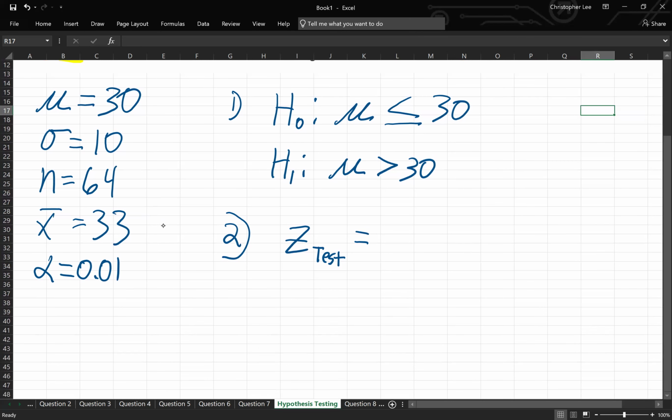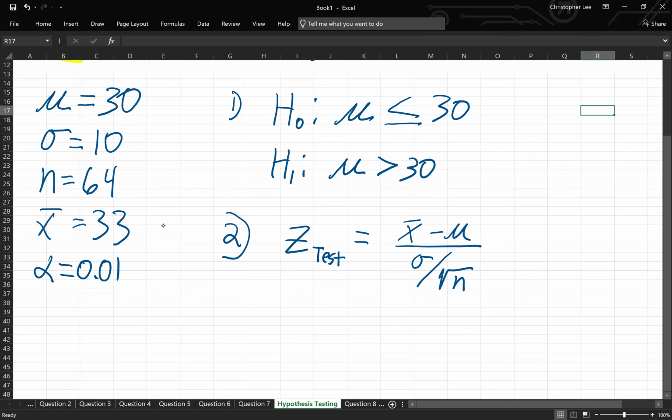Now all you have to do is copy the z formula. The z formula is in chapter 9. It's x bar minus mu over sigma over the square root of n. It's that simple. After you write down the formula, plug in the numbers.